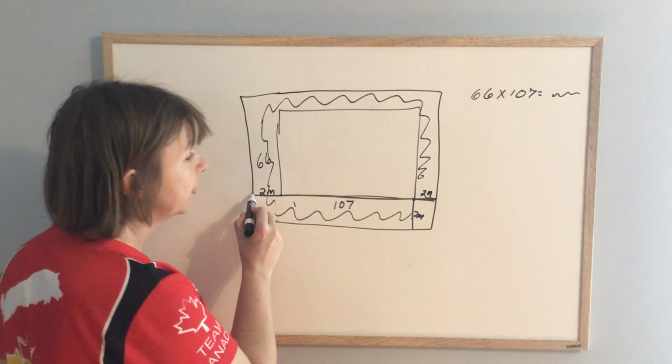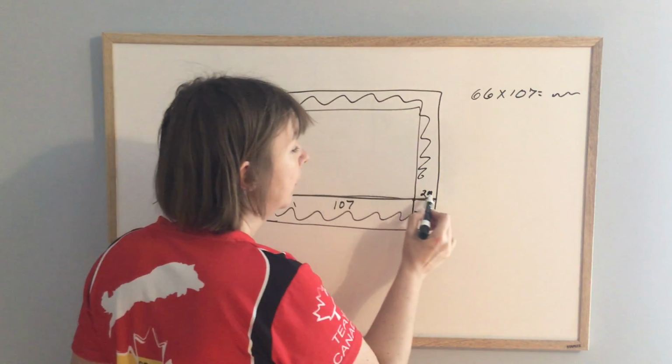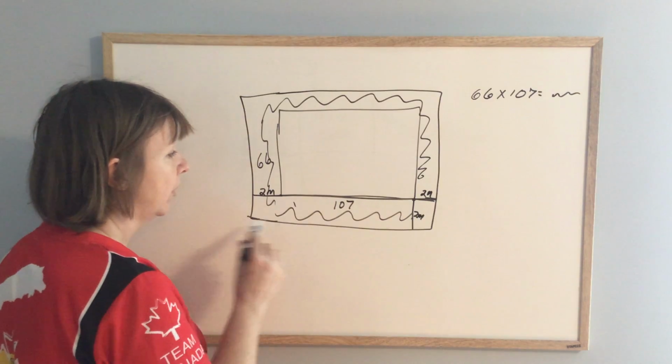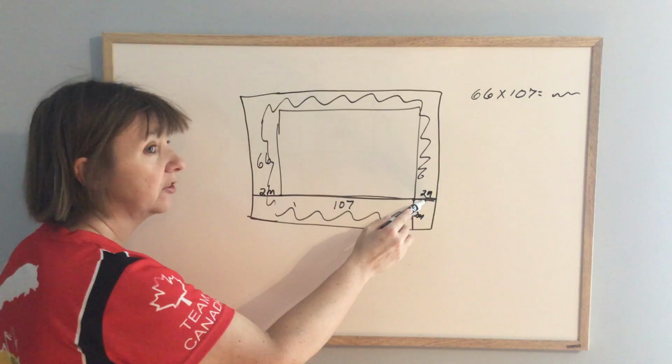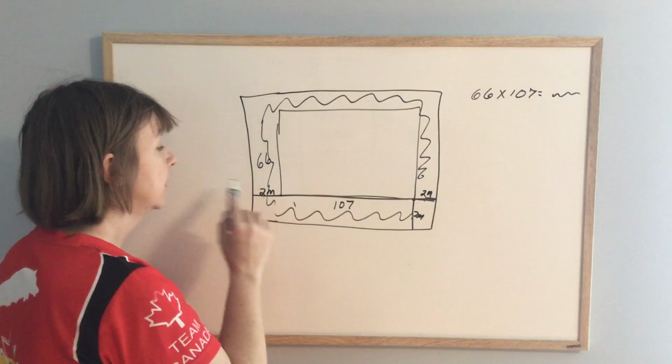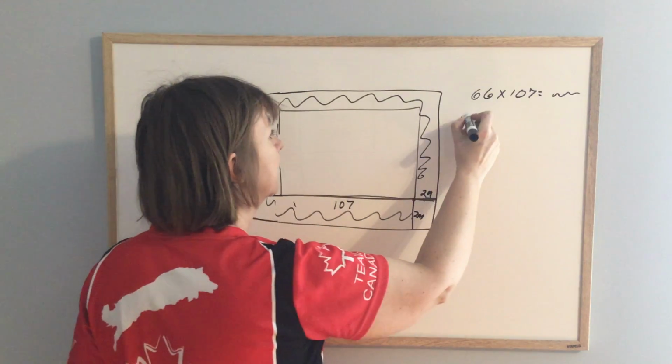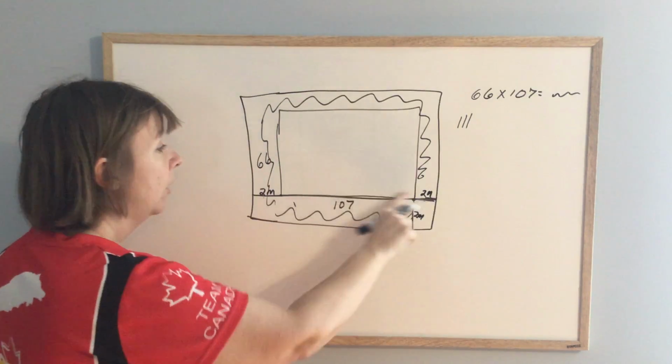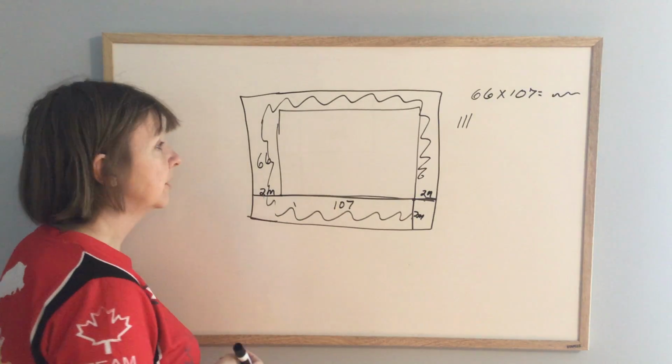So from one edge of the sidewalk all the way to the other edge of the sidewalk, there is 107 plus 2, which is 109. Plus 2, which is 111. So all the way across is 111.